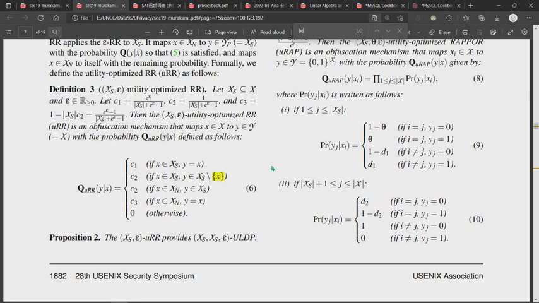Yeah. It has high privacy. Or when Y is just equal to XS and X is XN, then you use C2 again for epsilon equal to 0.